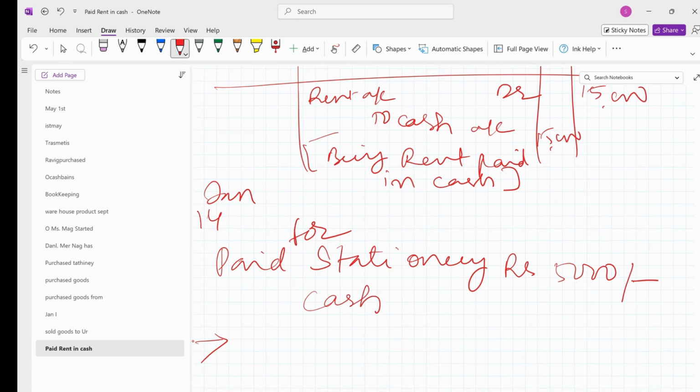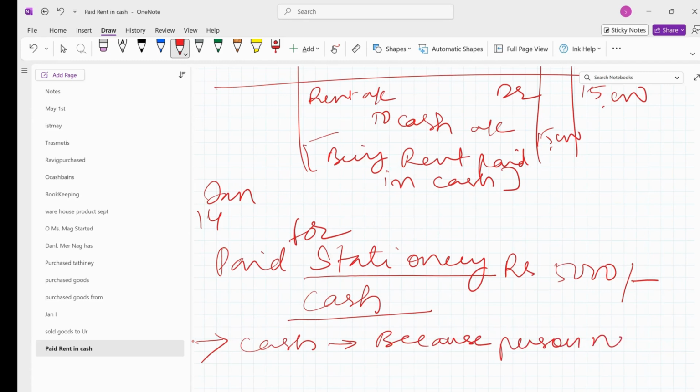Okay. And identify two important items. Stationery and cash. So it is a cash transaction because person name is not given.